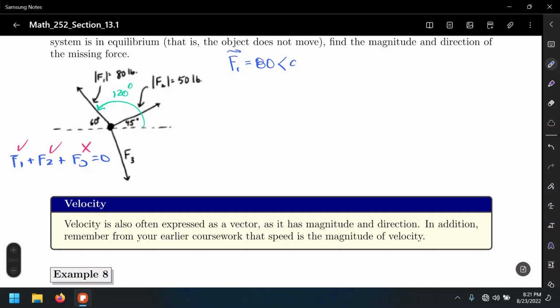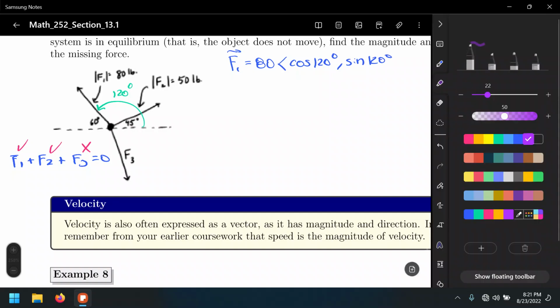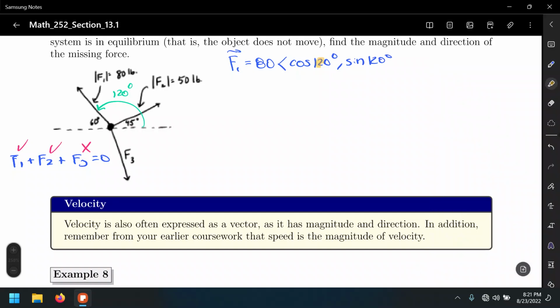Okay, so that's cosine of 120 degrees, sine of 120 degrees. Again, let me highlight this 120 degrees. Let me explain that again. Why? Because it's relative to the positive x-axis. So when you watch the video again at home, you get to see again where I got this 120 from. All right.